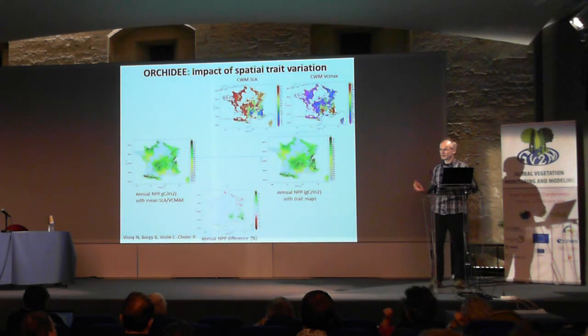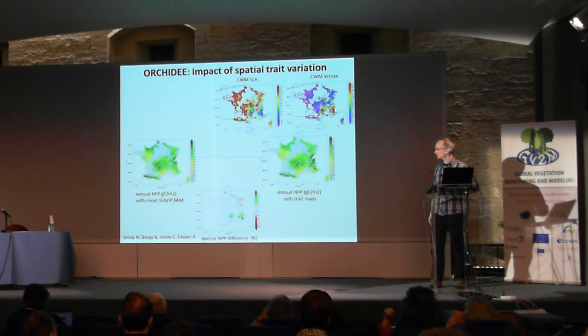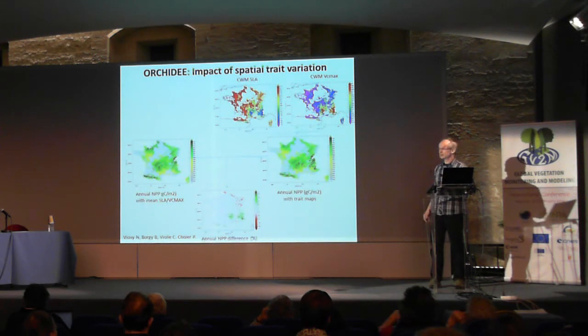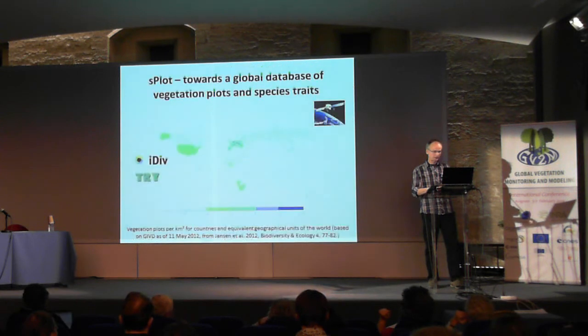Even for French grassland, including this great variability in plant function within one functional type had some effect on the modeling output. On the other hand, it took quite a lot of work to become consistent. I think at first the model was screwed up, and then he had to work on it to make it all consistent with the new measurements.